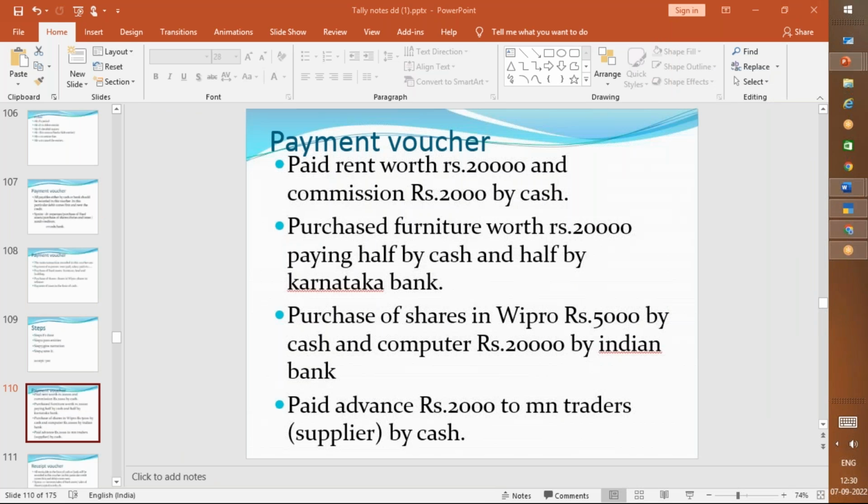If it is in compound entries, do a compound entry only. Here, paid in advance, you can just ignore this advance, just do main entries. About these advance, discount and all, we'll come back to these problems again.